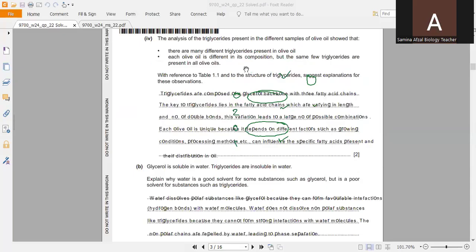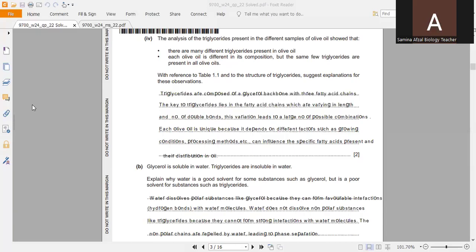And the next question is: the analysis of the triglycerides present in the different samples of olive oil showed that there are many different triglycerides present in olive oil. Each olive oil is different in its composition, but the same few triglycerides are present in all olive oils.